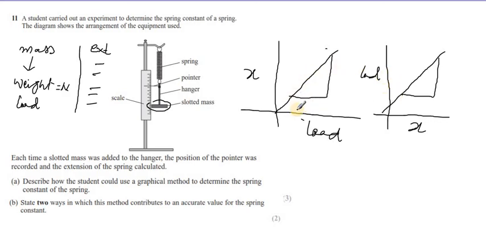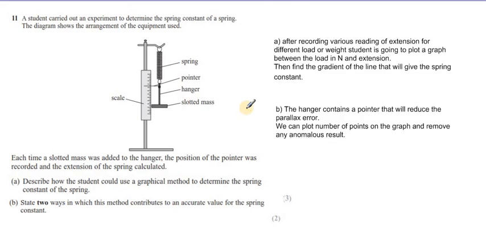So you can write the point like this. After recording various readings of extension for different loads or weight, a student is going to plot a graph between the load in Newton and extension, and then find the gradient, which will give the spring constant. And for part B, two ways in which this method contributes to an accurate value for the spring constant.